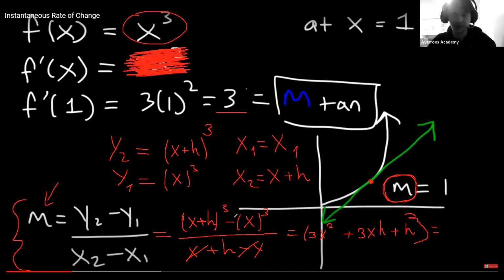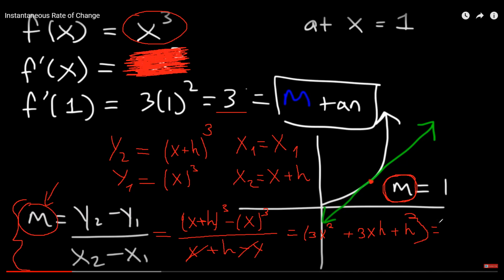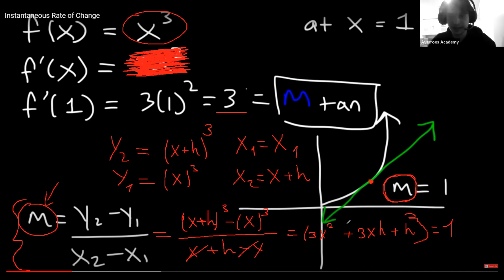Left-hand side would be equal to m, and right-hand side would be equal to this bracket. So let's put in 1 here and apply the limit as h tends to 0. This is going to turn into 0, this is going to turn into 0, and all we have left is 3x squared.